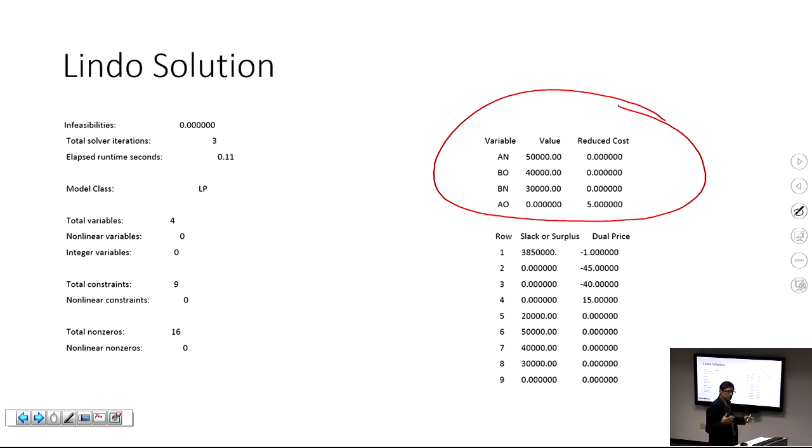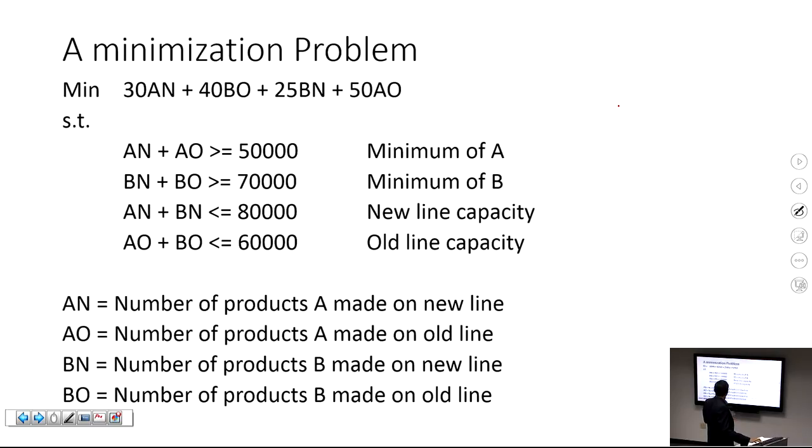All right, so the first thing is the solution to the problem. This is how you have defined a formulation, and these are your variables, An, Bn, and so on. And this is the solution we need. We need to find out what the values are for your decision variables An, Ao, and so on.